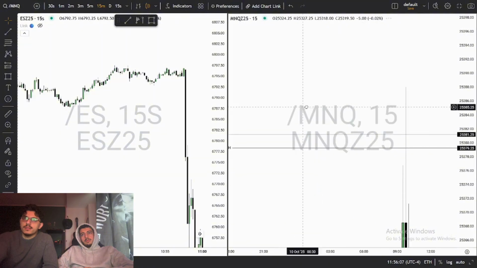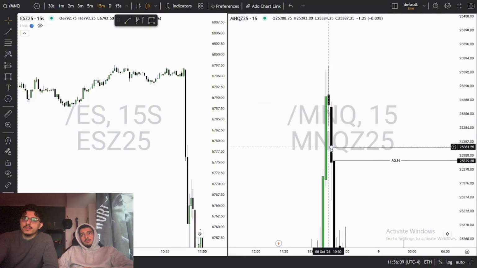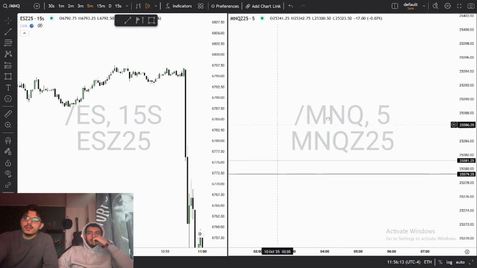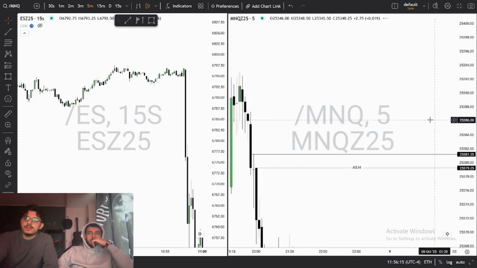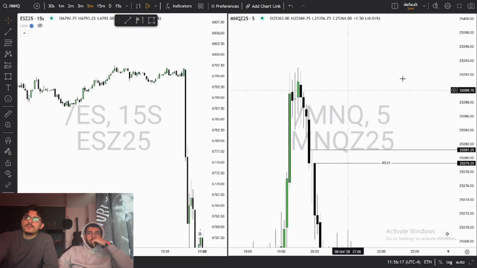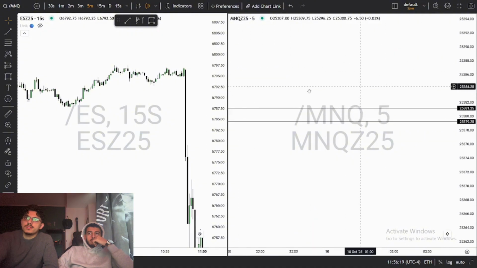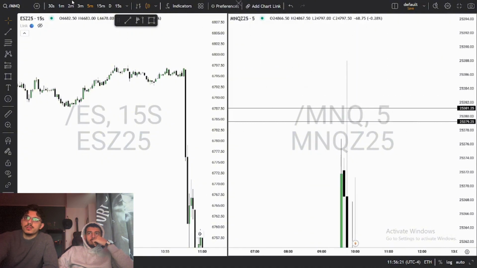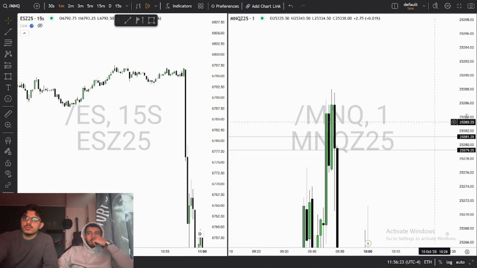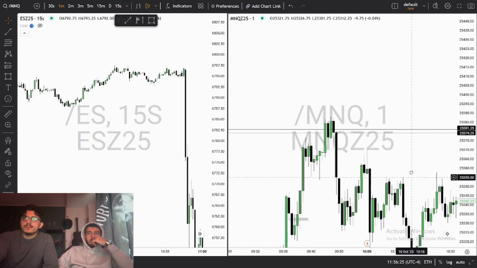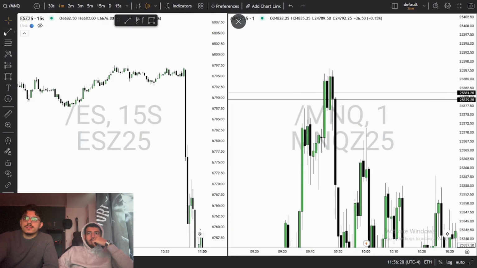I saw that we had this 15 minute fair value gap. If I go to the 5 minute, we also had this 5 minute fair value gap. So I was just waiting for price to give me an entry so I could go short. So I waited for this fair value gap right here to be inversed.